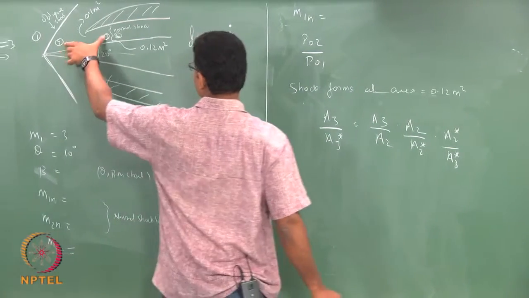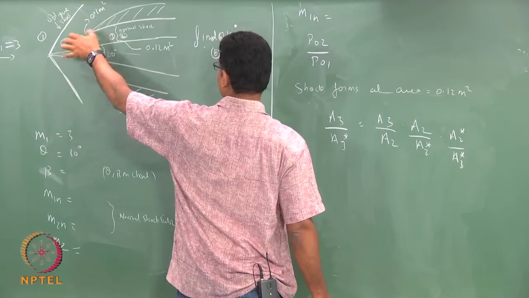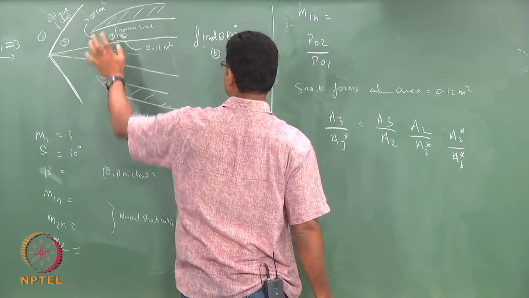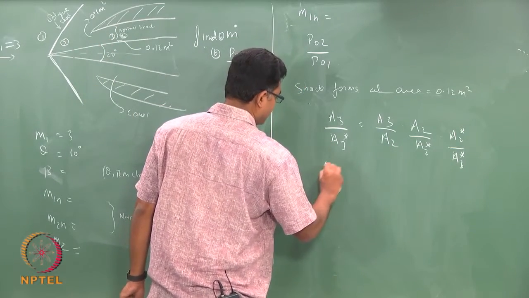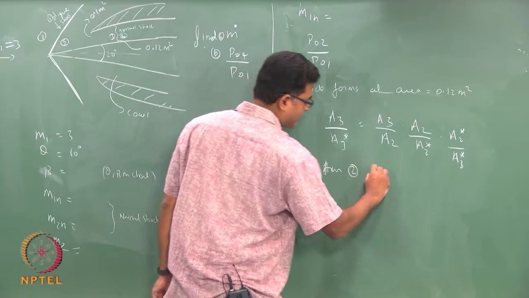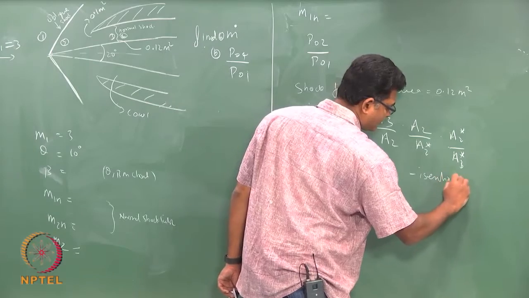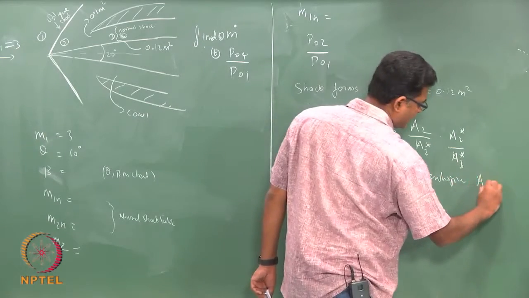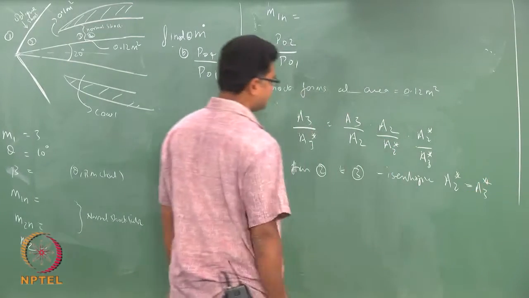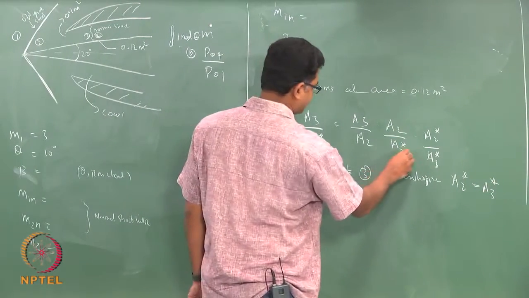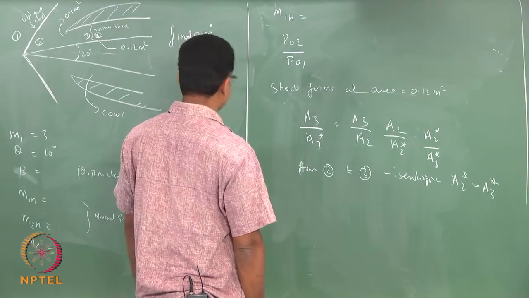From A2 to A3 it is isentropic flow, so A2 star and A3 star are the same. So, my A2 star is same as my A3 star. A2 and A3 are given.